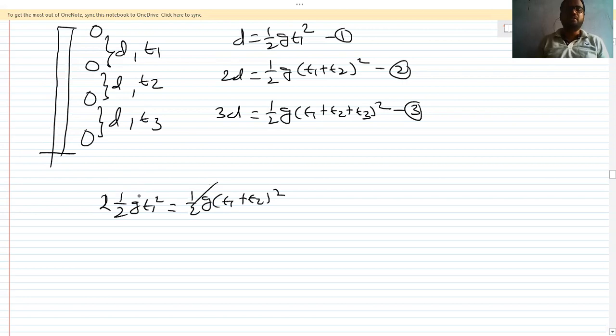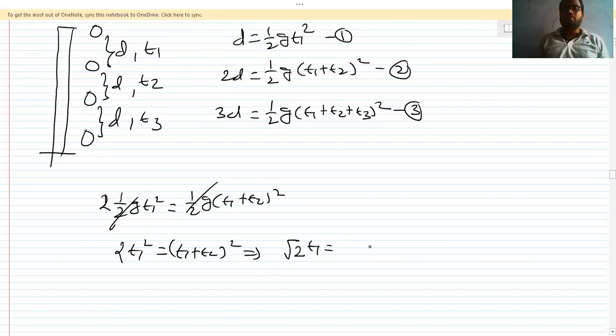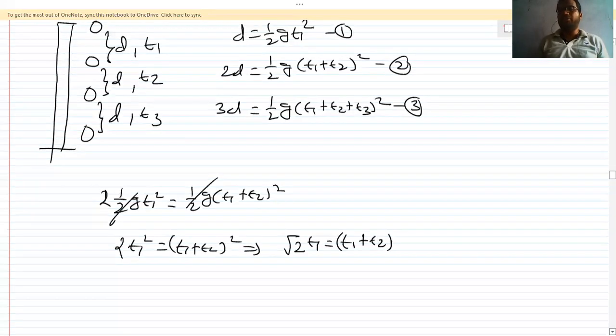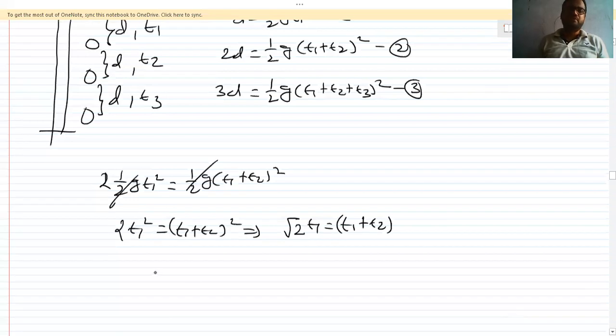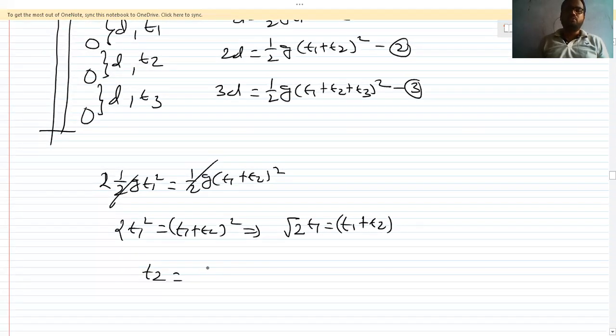This half g and this half g get cancelled. 2 t1 squared is equal to (t1 plus t2) whole squared, and from this root 2 t1 is equal to t1 plus t2, and if you calculate the value of t2, you will get t2 is equal to (root 2 minus 1) into t1.